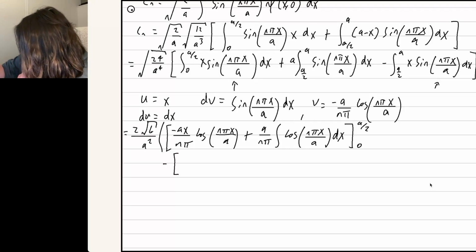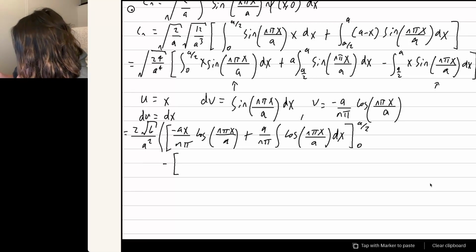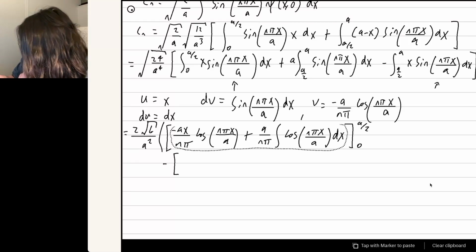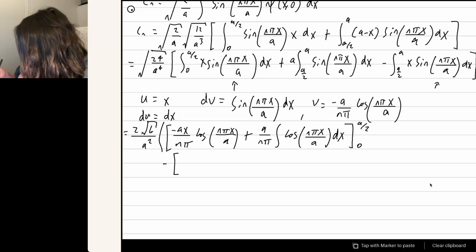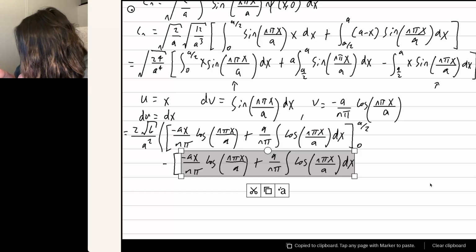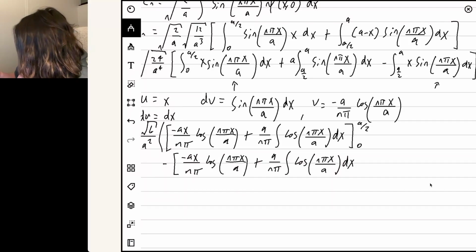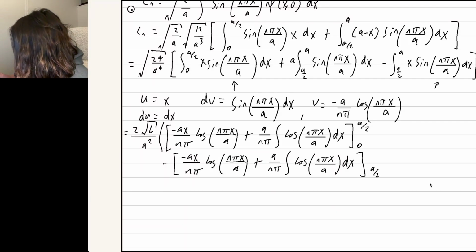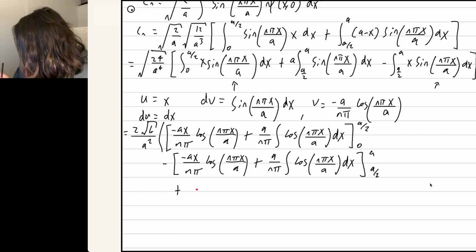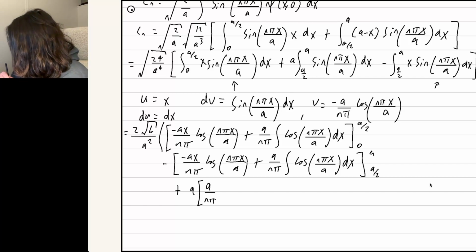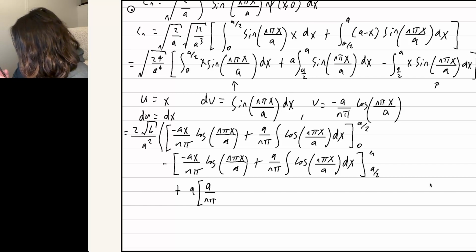You're also going to be subtracting literally the same result, except evaluated from a over 2 to a, and then you're also going to have one where it's just plus a times, it's going to end up being a over n pi, or minus a over n pi, so I'll throw the minus sign there.